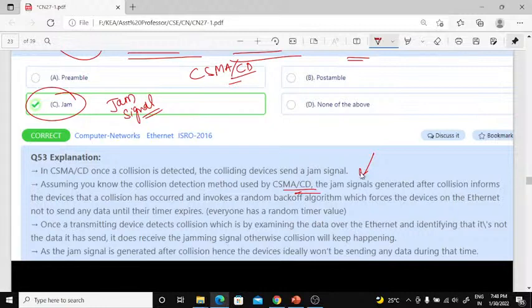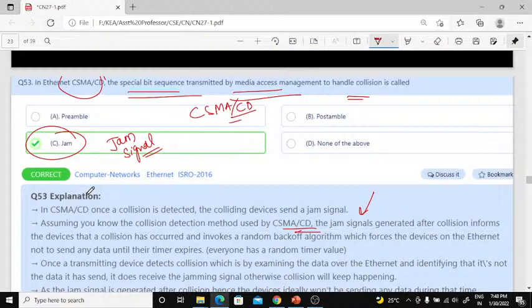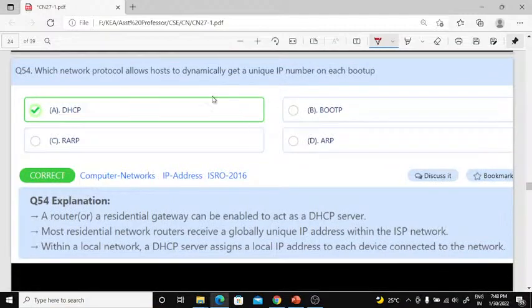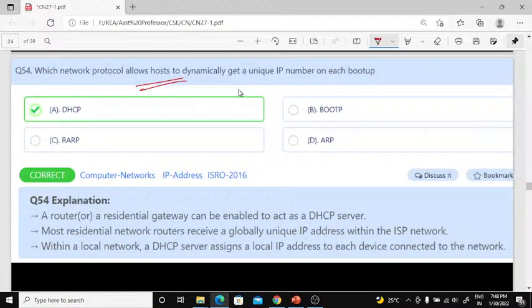So the special bit sequence is called the jam signal.